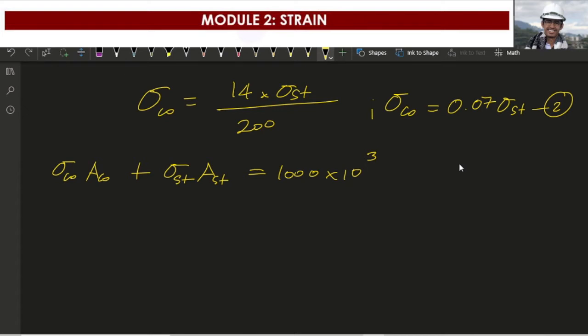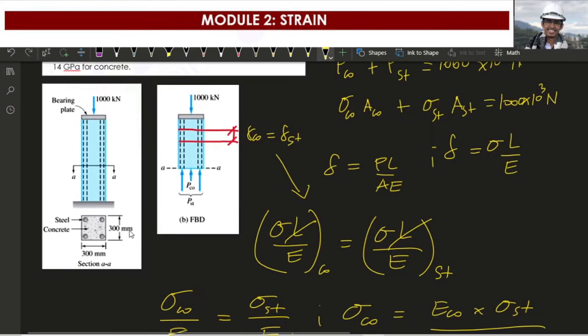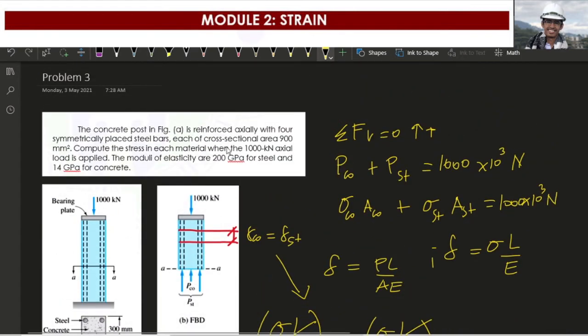Okay? So i-substitute na lang natin itong stress ng concrete, palitan natin, gawin in terms of stress ng steel. So that will be 0.07 stress ng steel, no? Times yung area ng concrete natin. So yung area ng concrete natin is 300 by 300, and i-deduct natin yung area ng steel.